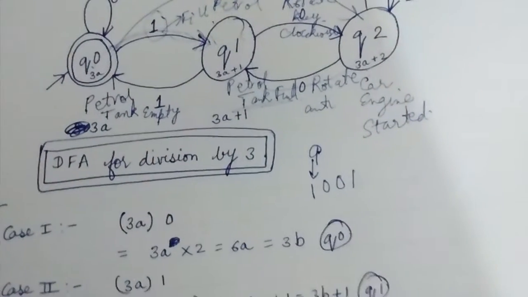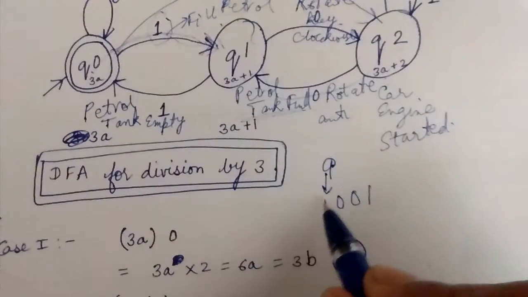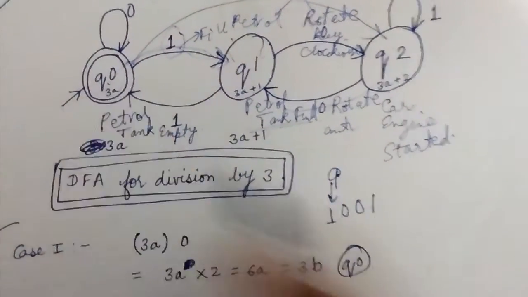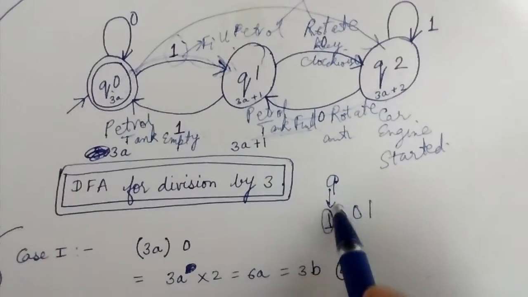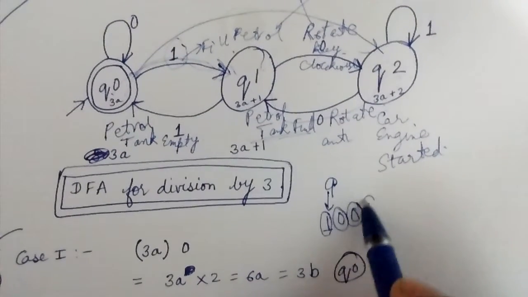And then we keep on giving the bits as input to this finite state automata one by one. First we will give this bit as input, then this bit, then this bit, then this bit.